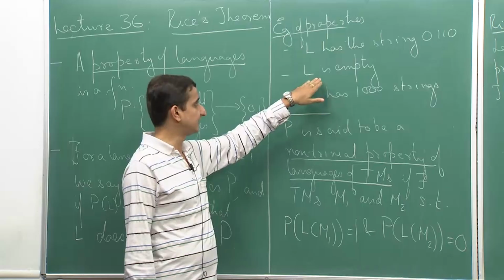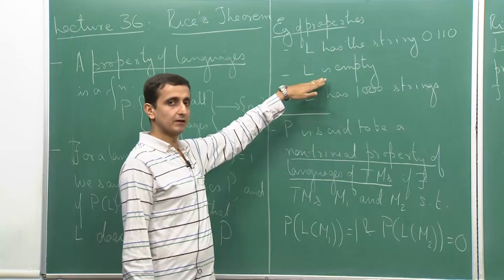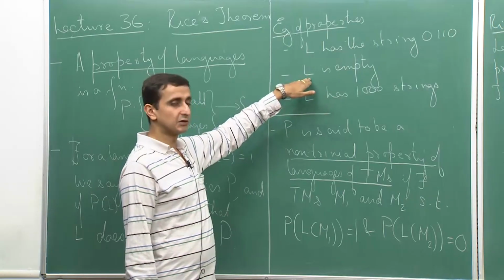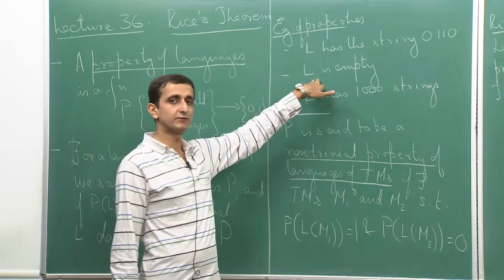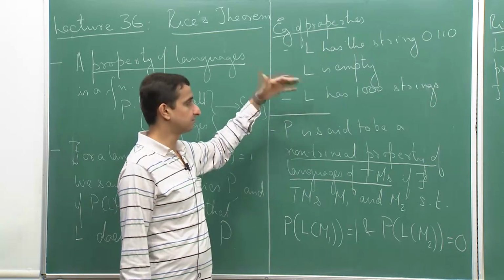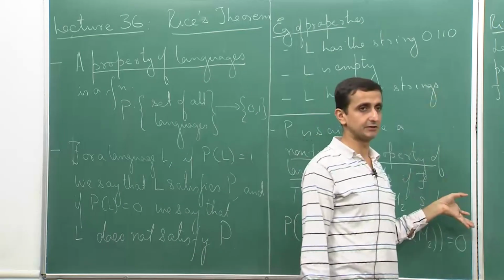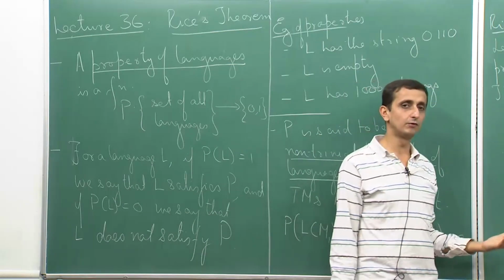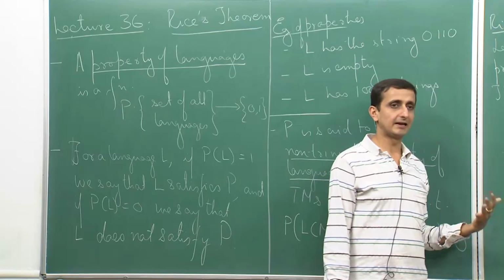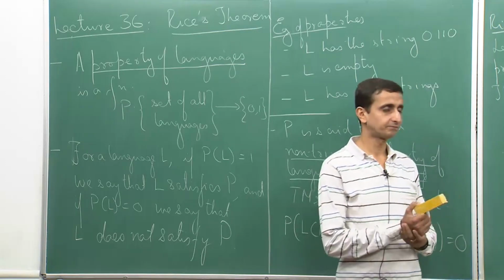Remember that the language ETM consisted of encodings of all those machines whose language was empty. So, if we prove Rice's theorem, it gives us an alternate proof of the fact that ETM is undecidable.